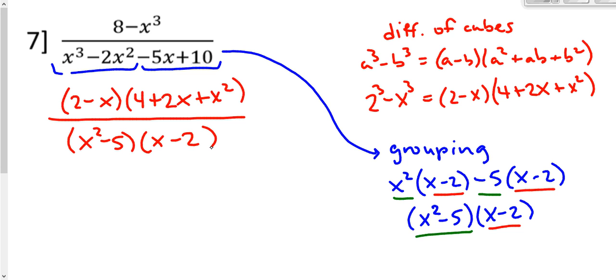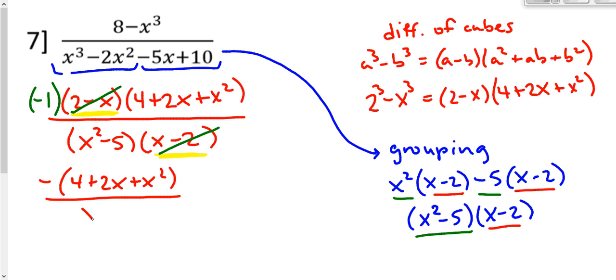Now, can we cancel or reduce anything? Well, hey, look again, we have opposites. We have 2 minus x on the top and x minus 2 on the bottom. Can we cancel opposites? Well, kind of. We can if we leave a -1. A number divided by its opposite is -1. So our answer is going to possibly look like the opposite of the entire numerator that we already had over x squared minus 5.